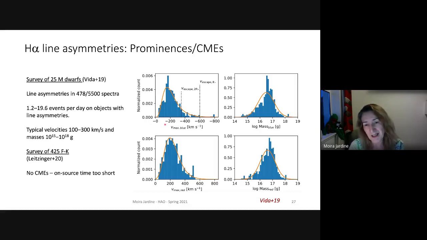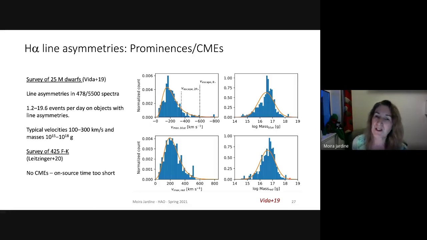So this is all the velocities that were to the blue and all the velocities that were to the red. So both were seen. So this is the distribution of velocities over all the 25 stars, many of them observed many times. So there's over 5,000 individual spectra. The right-hand side are the inferred masses of the ejected material.